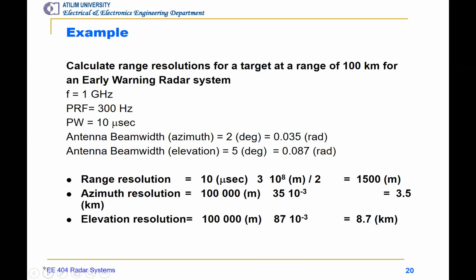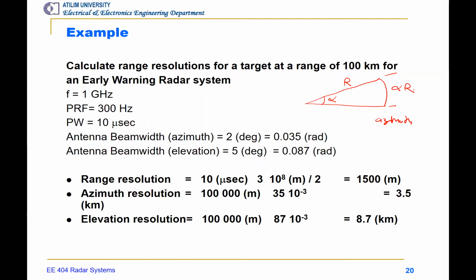For this, we simply take a radar beam. Let's say this is azimuth. And we got an angle here, let's say alpha, the distance is r. Then the length of this arc is going to be what? Alpha times r.